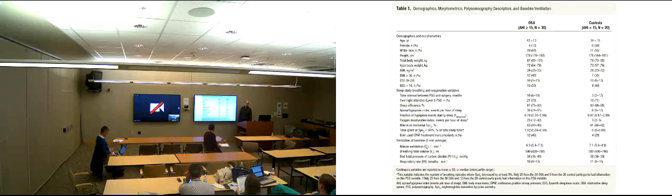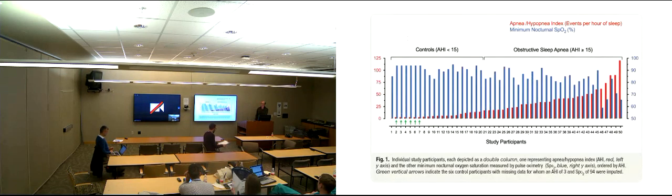They went down to 24. And these went up to 12. So they had some people with almost moderate. Not too many.